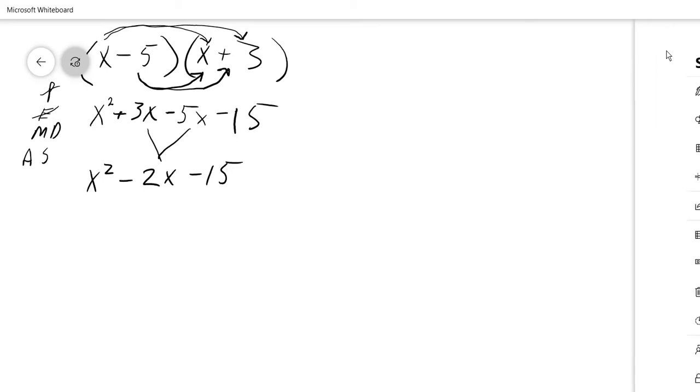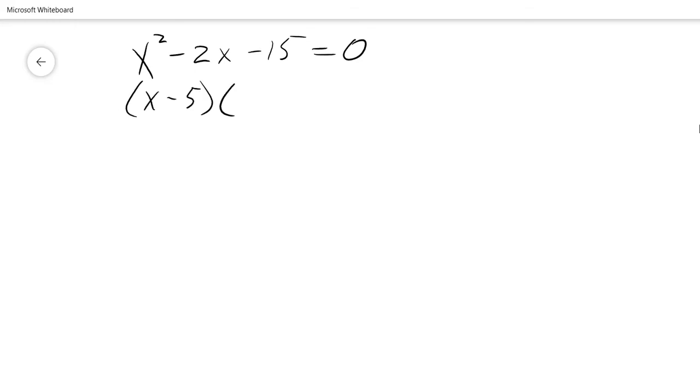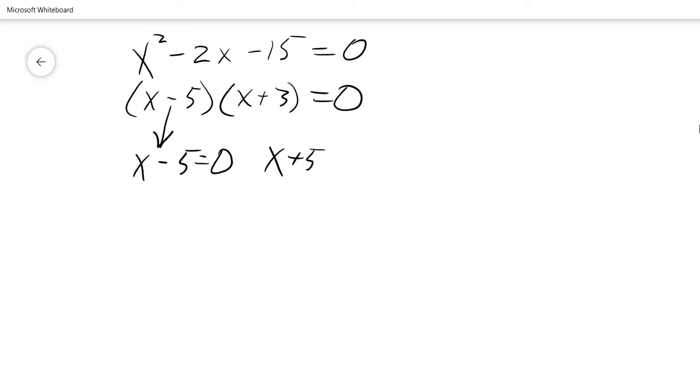Let me show you what we mean by how we would treat an equation. So we have that same thing, x squared minus 2x minus 15. We made it equal to 0. Well, then when we break it apart into x minus 5 times x plus 3, we can turn each of these binomials into little miniature equations.